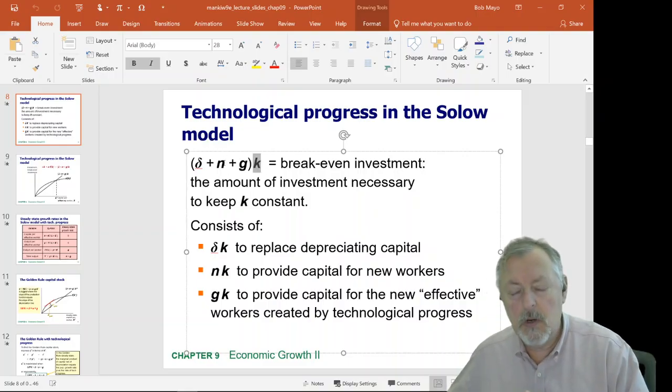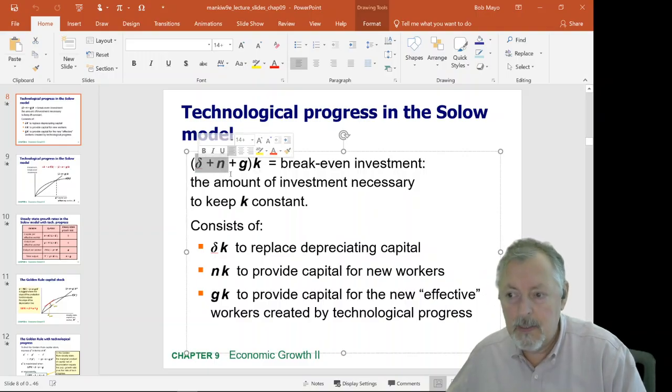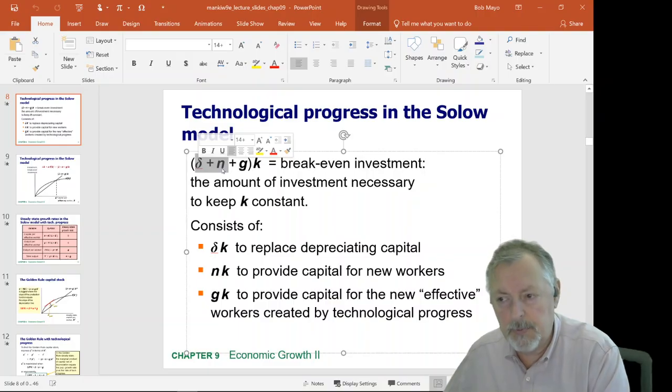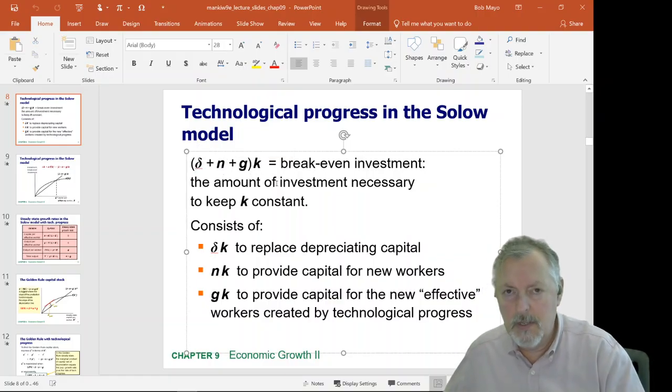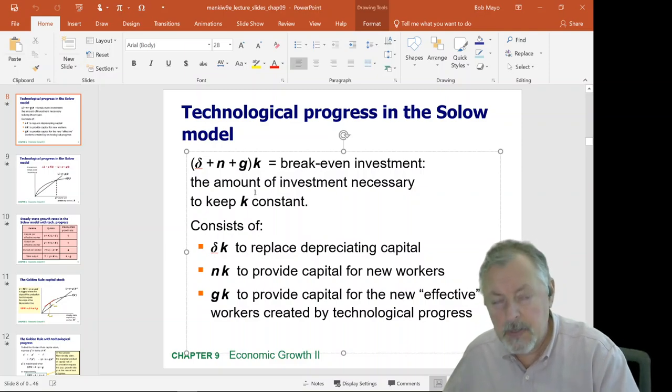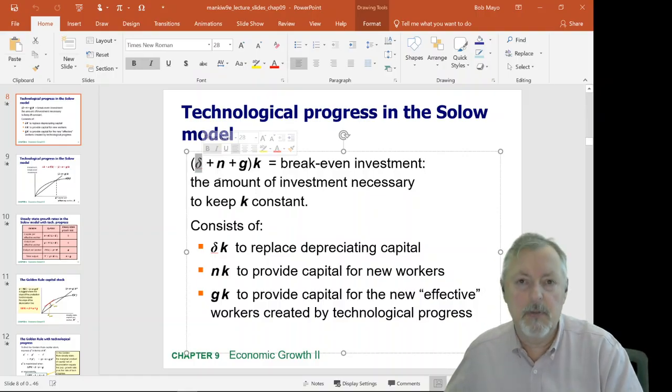If you allow population growth, because it's all in per worker terms, then you have to also replace capital for these new workers to keep the level of capital per worker the same. Now we're in capital per effective worker. So if workers become more effective, to keep the level of capital per effective worker the same, you still have to replace capital that was wearing out.